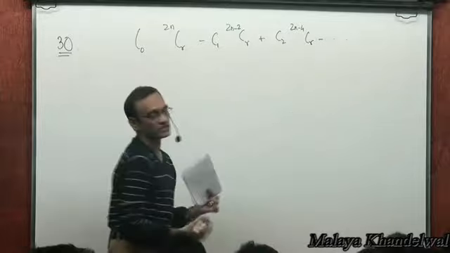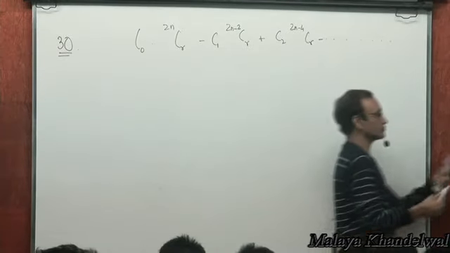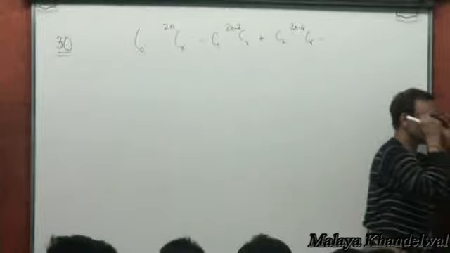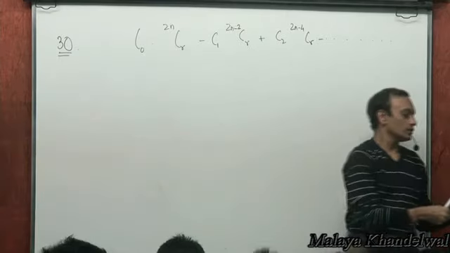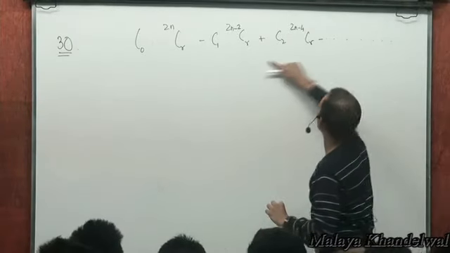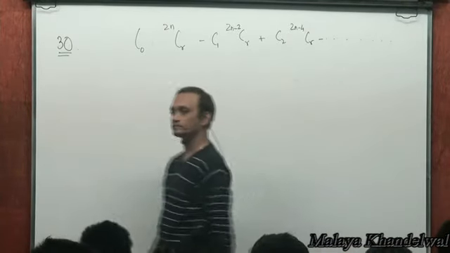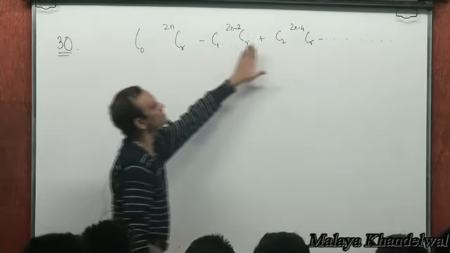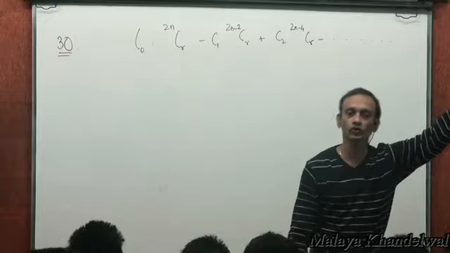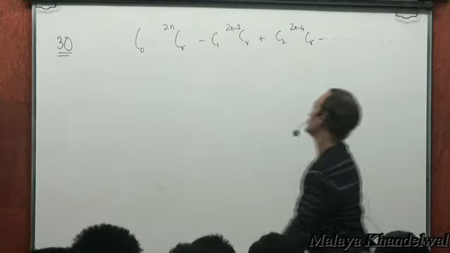This is the summation that we are seeking. We want to find the sum of this set of numbers, where C0, C1, C2 go all the way to Cn.